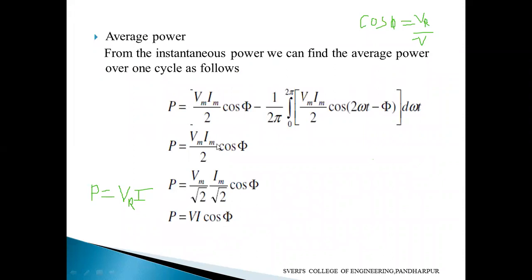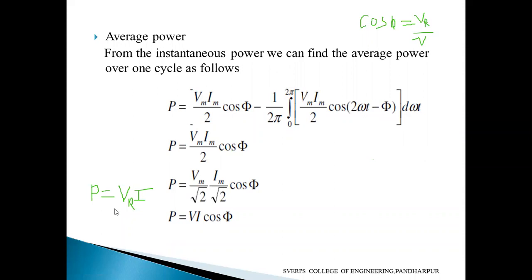Anyhow, whether the examination is online or offline, there is no need to do this derivation. We know that the average power of the inductive load is 0, and only the resistive load gets average power. So the total average power of the circuit is the average power of resistance plus the average power of inductance.